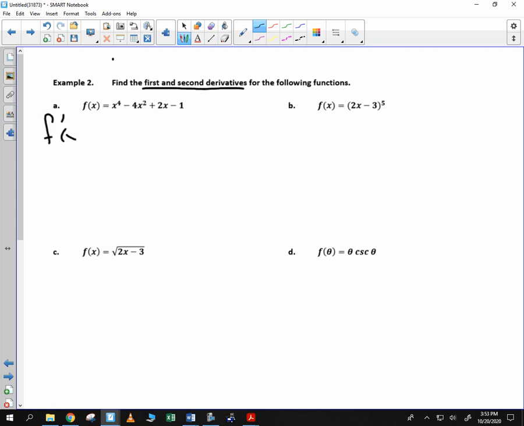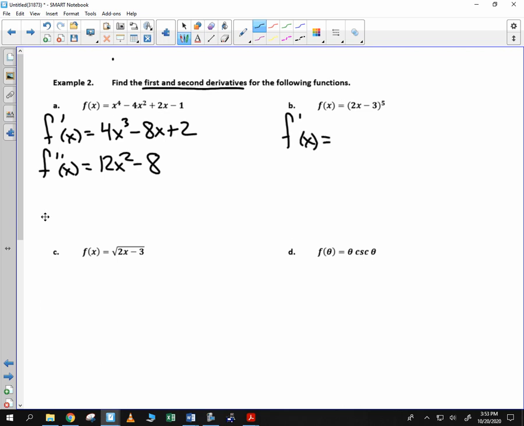F prime of x is, you know how to do this derivative, 4x cubed minus 8x plus 2. And so the second derivative is going to be 12x squared minus 8. Look at the next one, f prime of x.